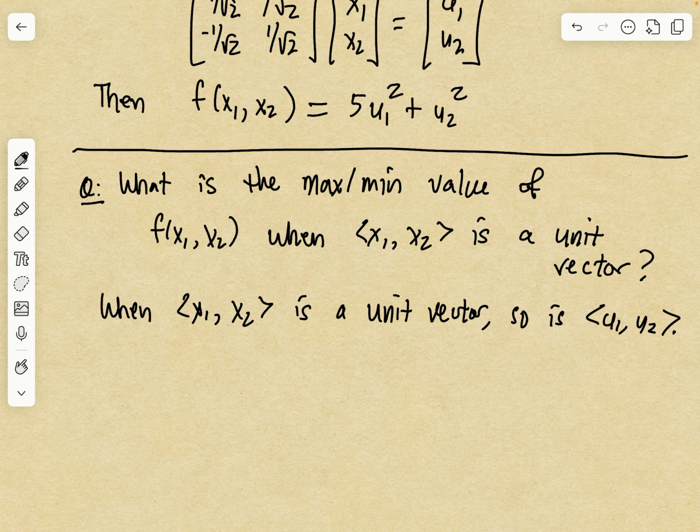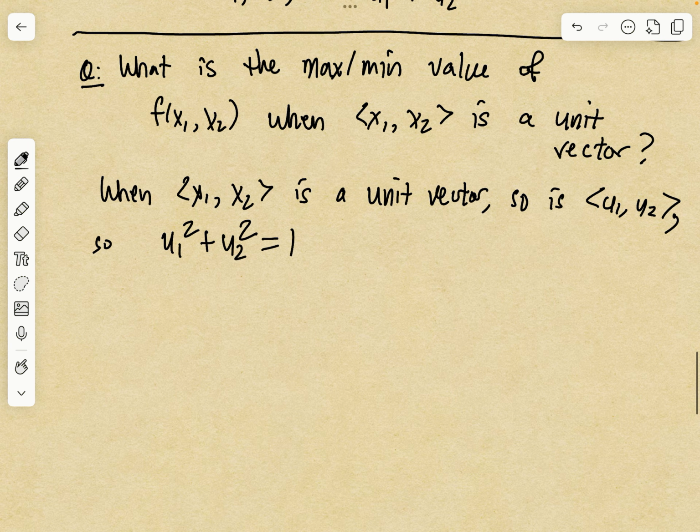And so what we have to do is, u1 squared plus u2 squared is equal to 1. So the question is, what are the biggest and smallest values of 5u1 squared plus u2 squared, given that u1 squared plus u2 squared equals 1? Well, let's look at 5u1 squared plus u2 squared.